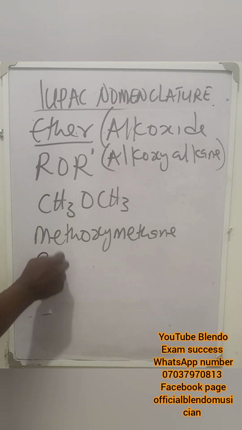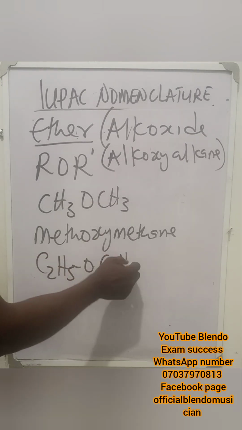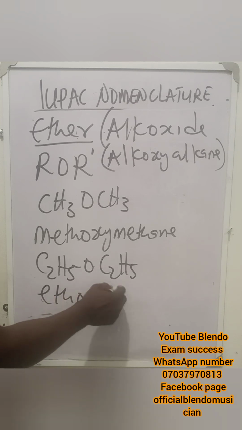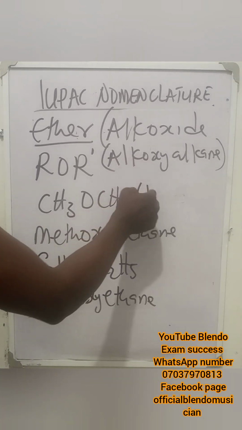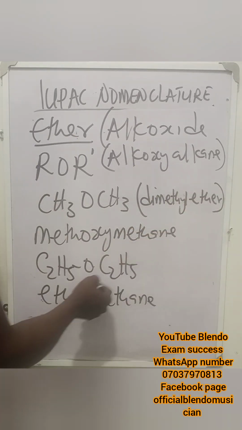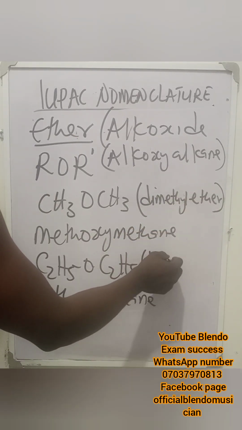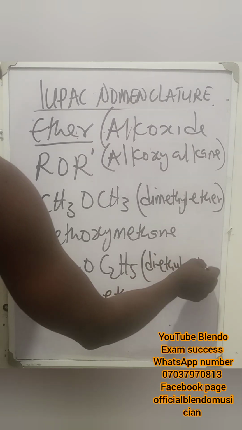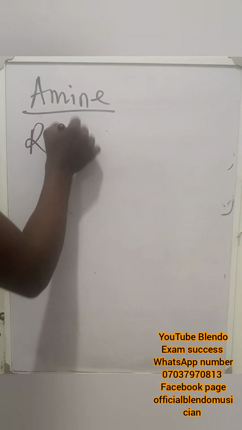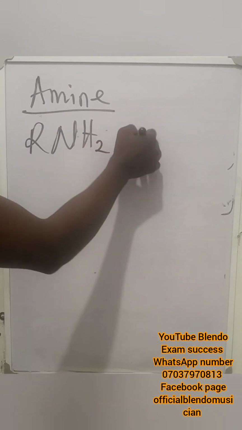So we have methoxymethane or ethoxyethane, as the case may be. Methoxymethane is dimethyl ether. Ethoxyethane is diethyl ether.